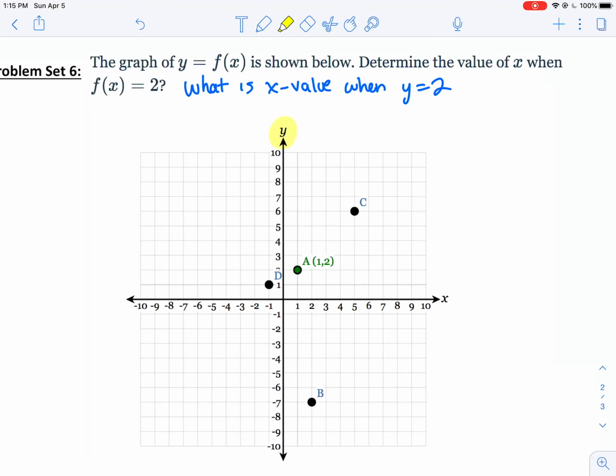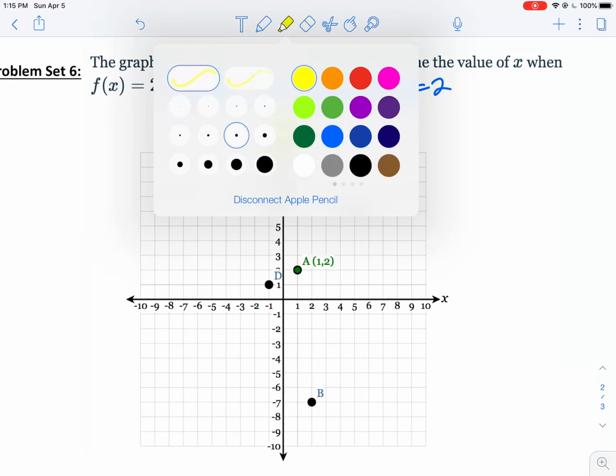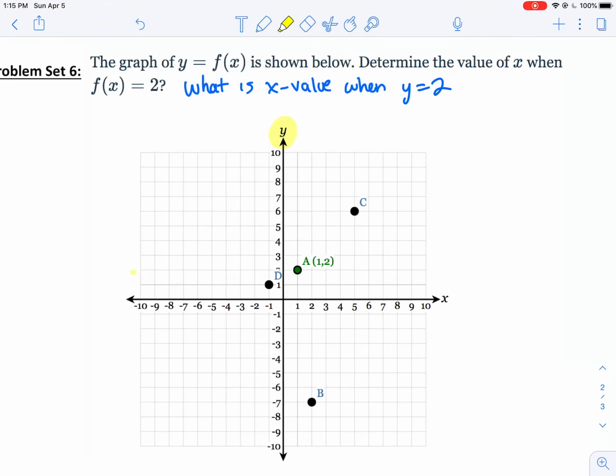Remember, your y-axis is the vertical axis. When my y value goes across that 2 right there, what is your x value? Well, your ordered pair is right here, and the x value to that ordered pair is 1. So x is equal to 1.